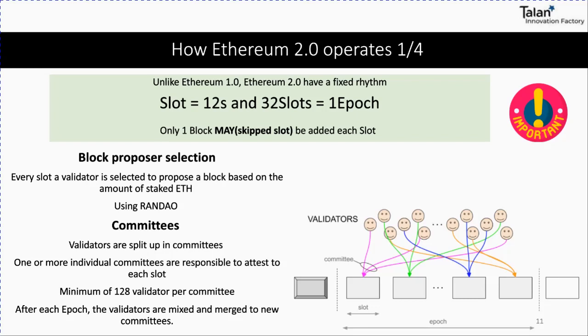Why? Because Ethereum 2.0 introduced the idea of having slots, which are just a time lapse of 12 seconds. During these 12 seconds, we are expected to have a new block. So a proposer of a block will just create a proposal and then send it.